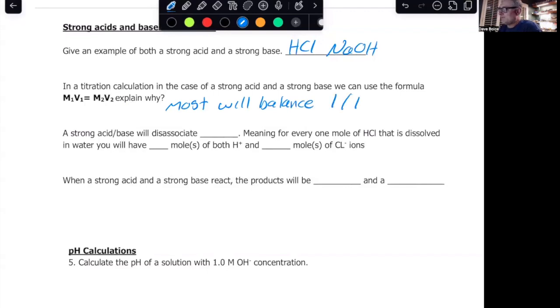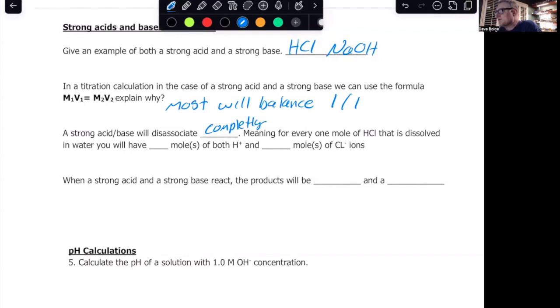So if I'm trying to find the moles of the acid, if everything balances 1 to 1 in the chemical reaction, then I would also have the moles of base. So M1V1 works in that case. Okay, so a strong acid and base would dissociate completely.